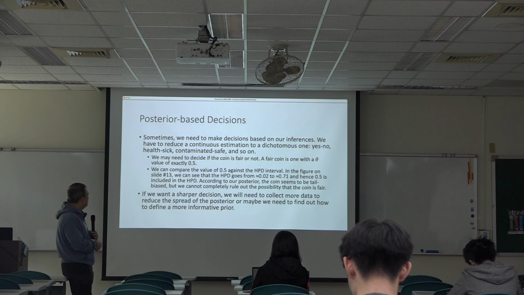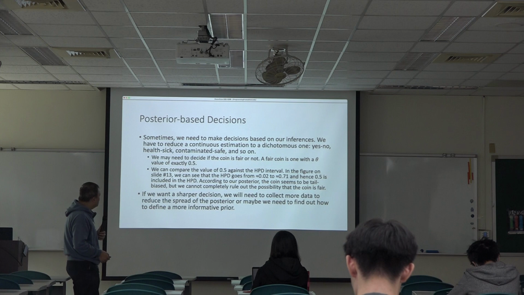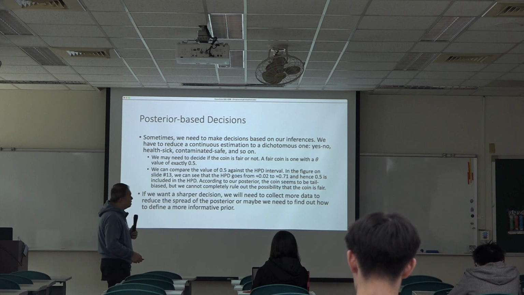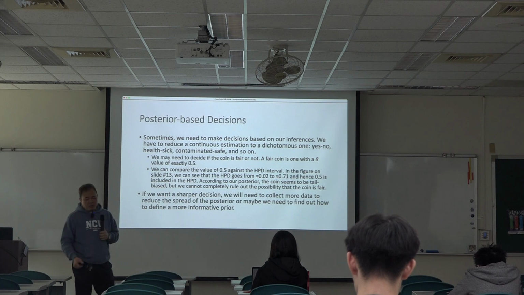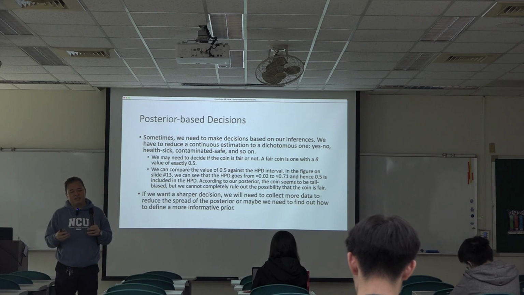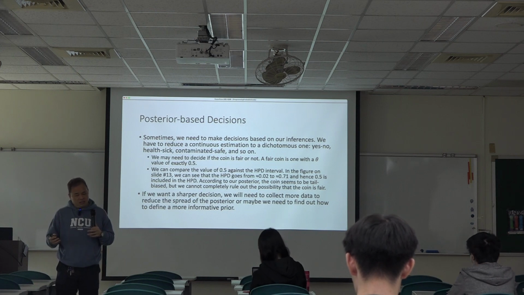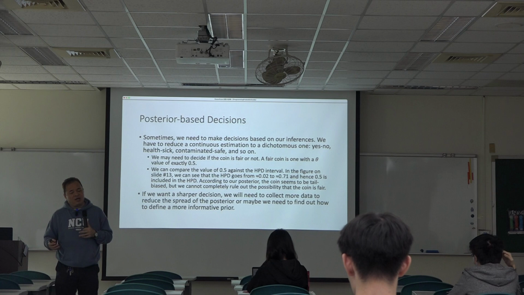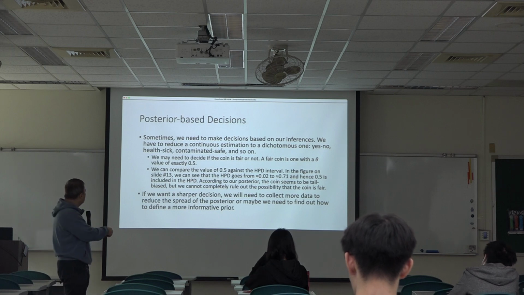One of the questions may be that we want to decide if the coin is fair or not. Remember we are talking about coin flipping. Of course, coin flipping can be used to represent many questions, for example healthy or sick, contaminated or safe.